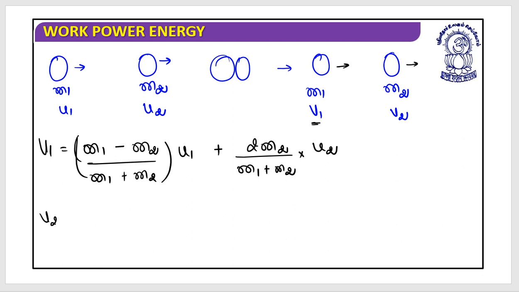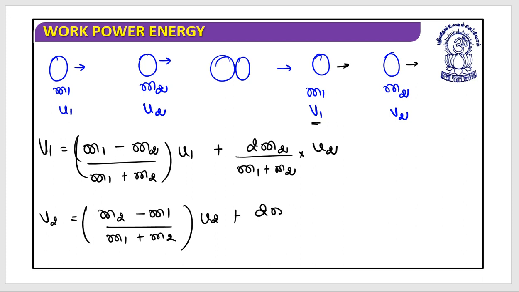And let's understand what v2 is. What is v2? The final velocity of the second body. That would equal m2 minus m1 divided by m1 plus m2 into u2, plus 2m1 divided by m1 plus m2 multiplied by u1.